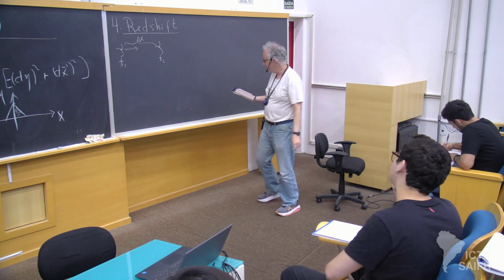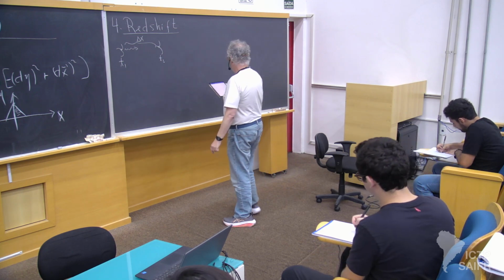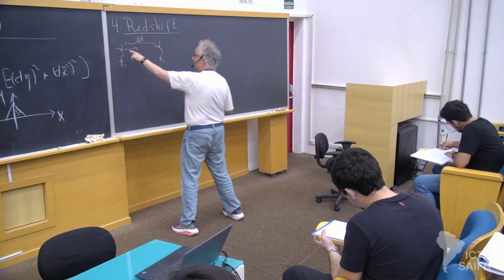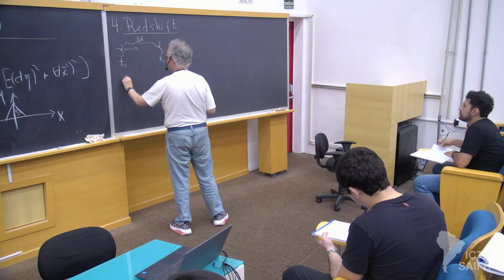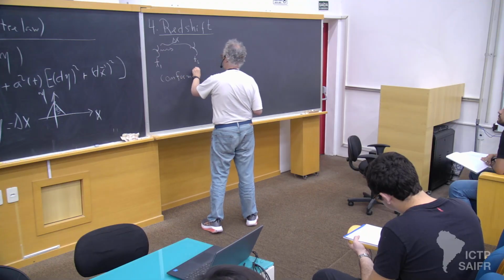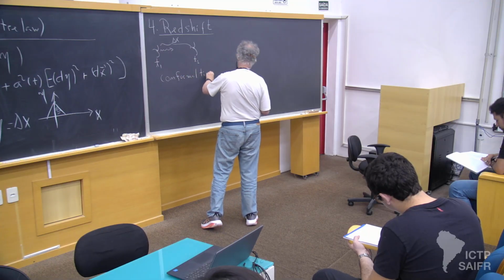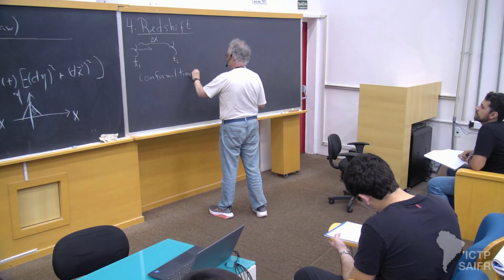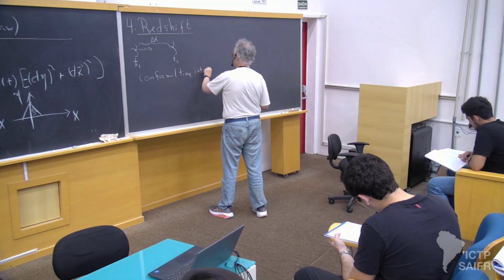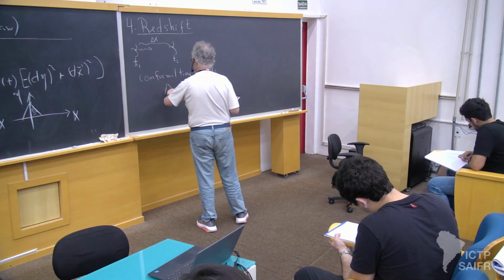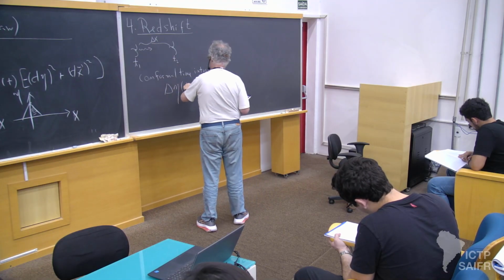All right, okay. So we can compute what is the conformal time that it takes for this light ray to come from here to here. The conformal time interval is delta eta of t1, t2.